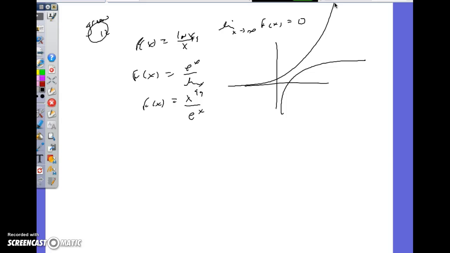So a very large x value would give you a very small ln, whereas if I put in e to the 7 here, it's going to be e to the 7 to the 99th power. So it's going to blow up like crazy. Does that make sense? So which one wins? The bottom wins, which means this thing's going to 0. That's the first one.